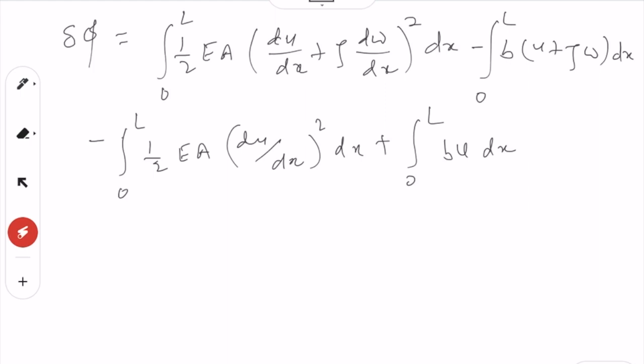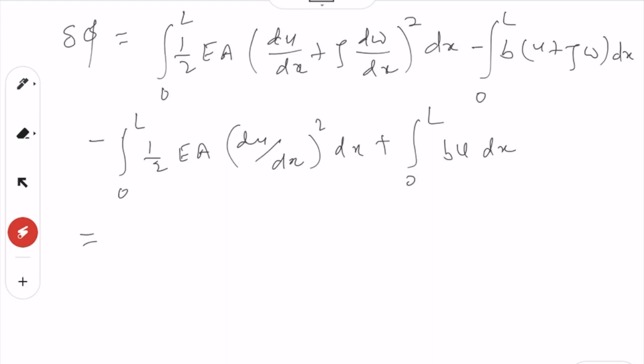So we can expand that further, and if you square, we get (du/dx) squared plus 2 zeta (dw/dx)(du/dx) plus zeta squared (dw/dx) squared.